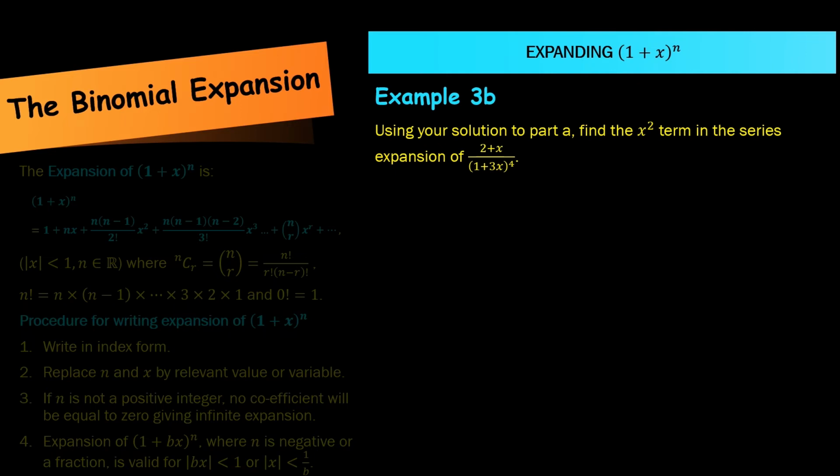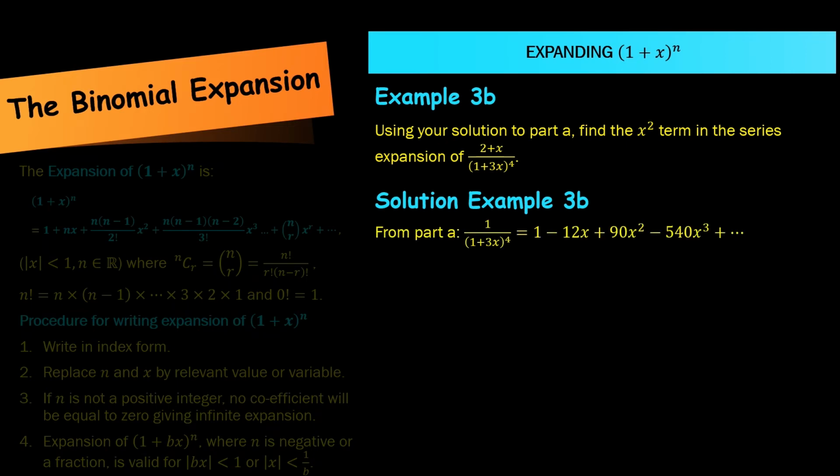So let's solve this. From part A, we know that 1 over 1 plus 3x all raised to the power 4 is equal to 1 minus 12x plus 90x squared minus 540x cubed and so on. And therefore, if we plug this in to 2 plus x over 1 plus 3x to the power 4, we have this expression here.